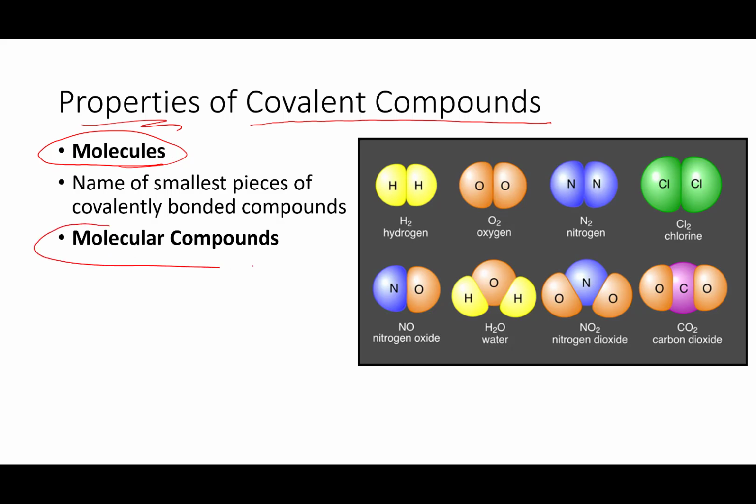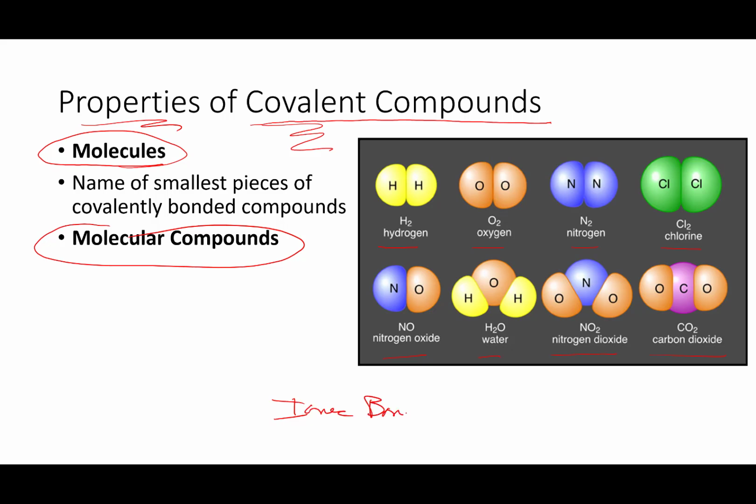These are molecular compounds. Those diatomic hydrogen, oxygen, nitrogen, chlorine molecules, those are actually molecules. Nitrogen oxide, water, nitrogen dioxide, carbon dioxide, those are all molecules. And if it's a covalently bonded compound, that's what those small units are called, to differentiate from an ionically bonded compound.